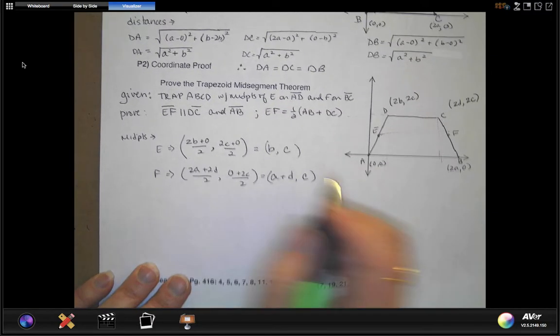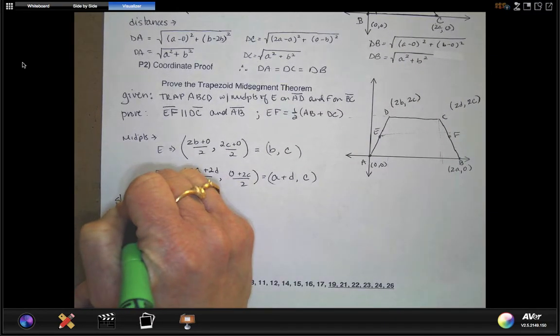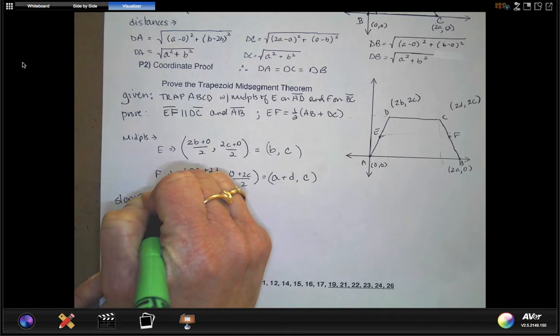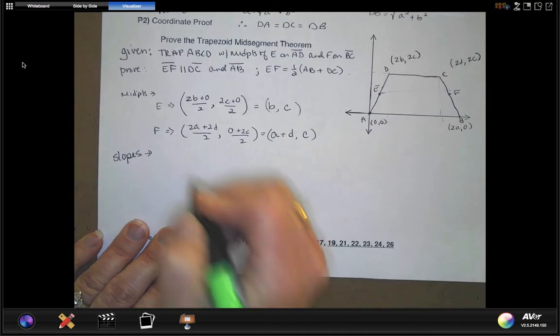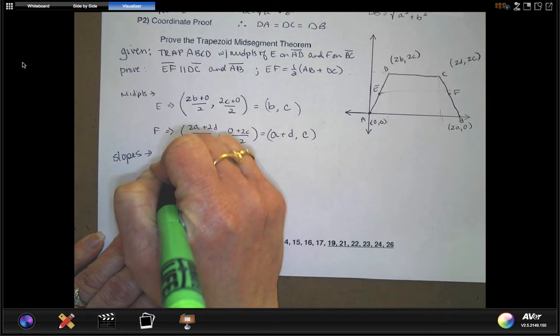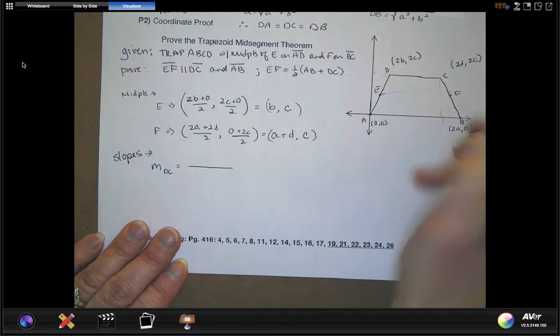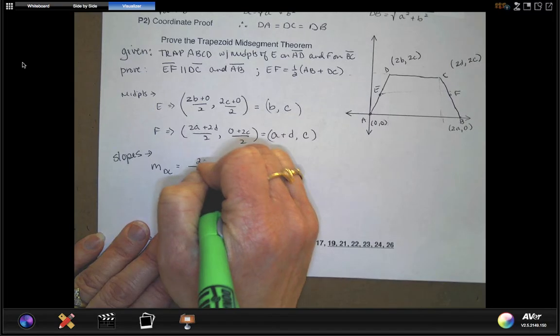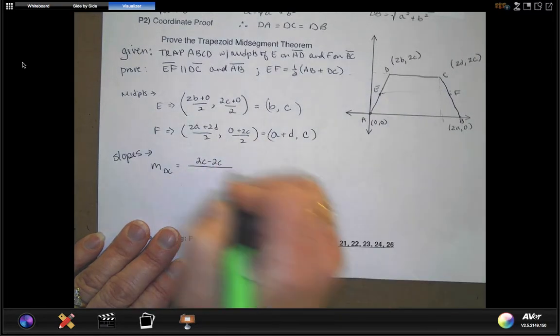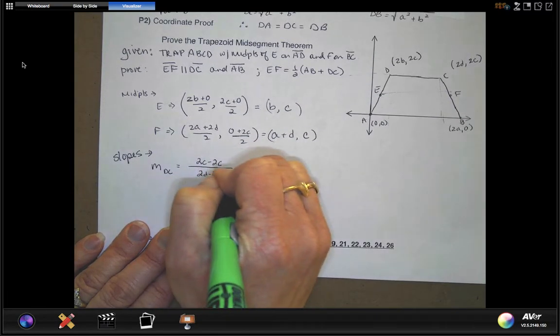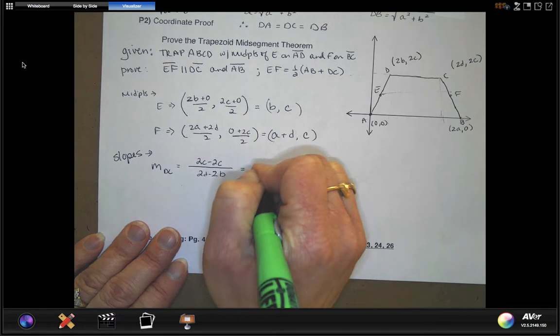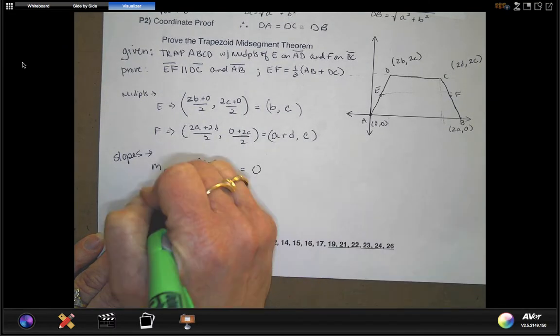Let's do the slopes first. So the slope of DC, right minus left, it doesn't matter what the denominator ends up being, it's going to be 0.